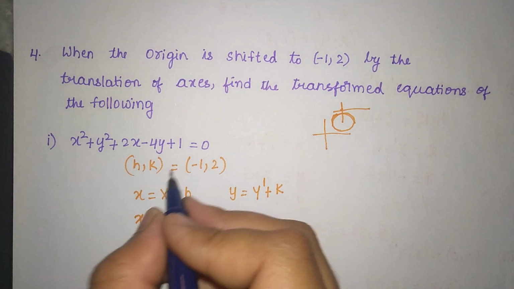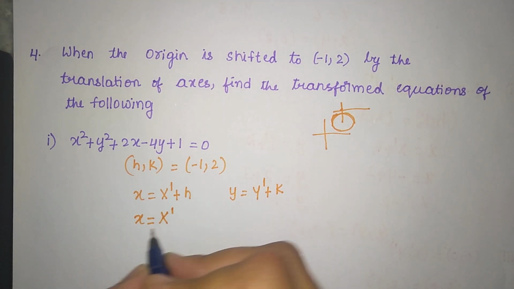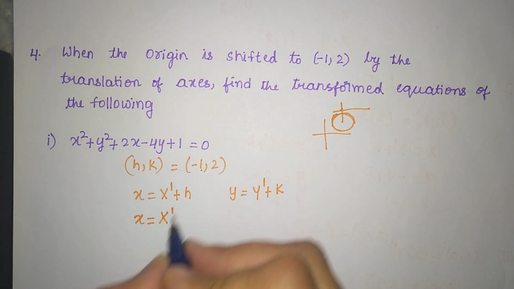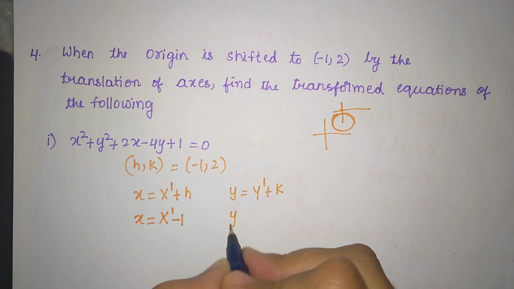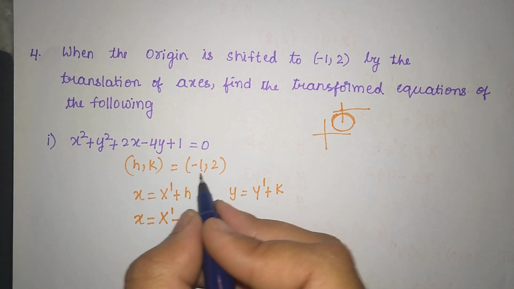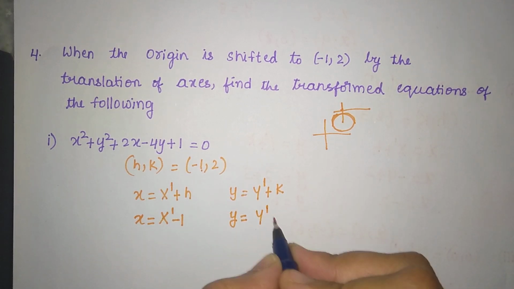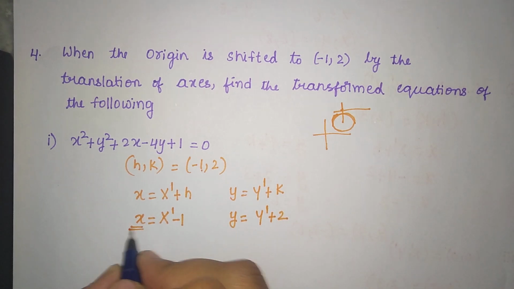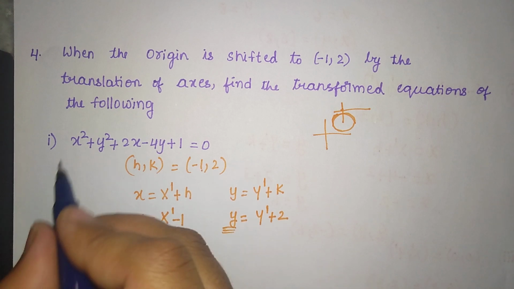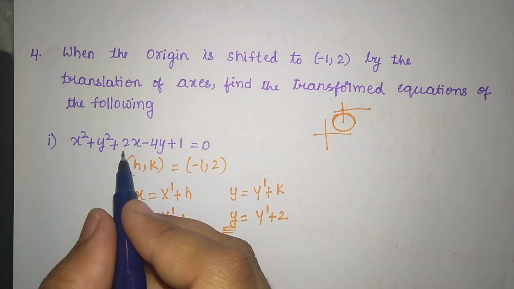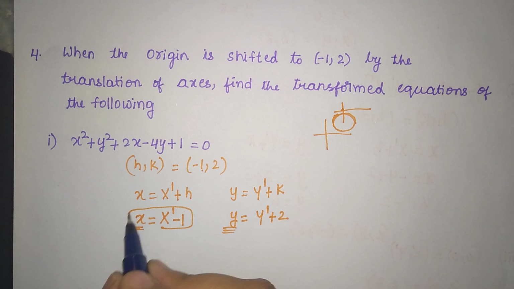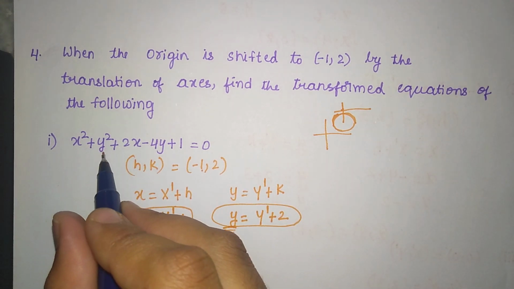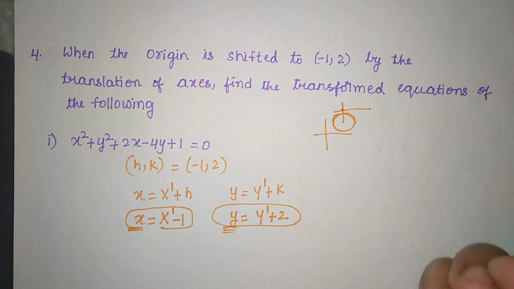Capital X dash, plus h, which is minus 1. Small y, what is small y? Capital Y dash plus 2. So this is small x, this is small y. This equation is also in small x and small y only. So you have to substitute this in this equation to transform this equation according to the shifted origin.